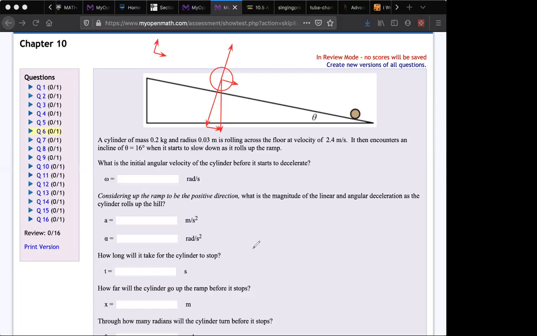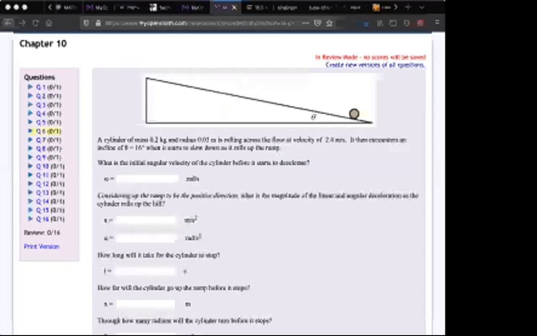I'm having a hard time keeping track of all the stuff they've given us here and what they haven't given us. Hold on a second. They've given us the cylinder, the radius, velocity.